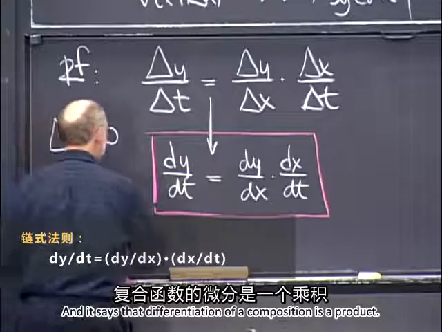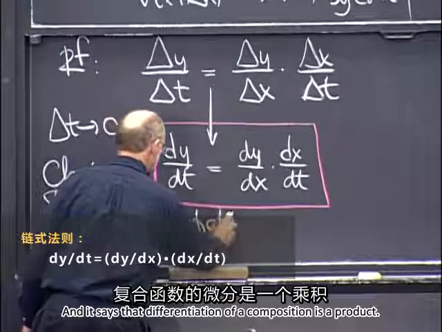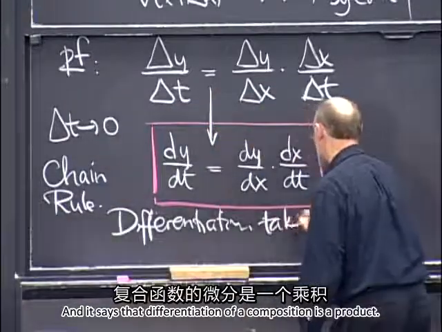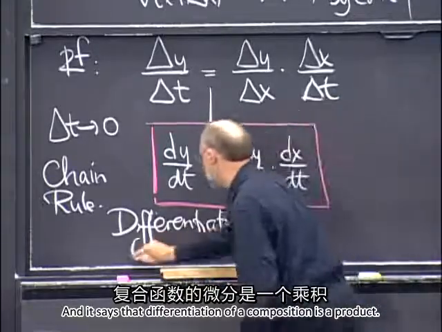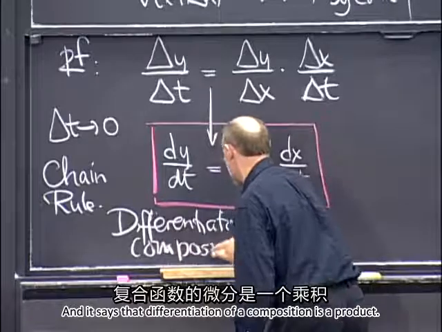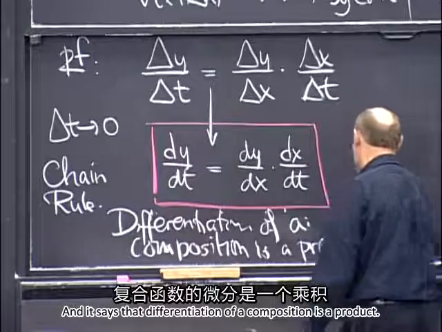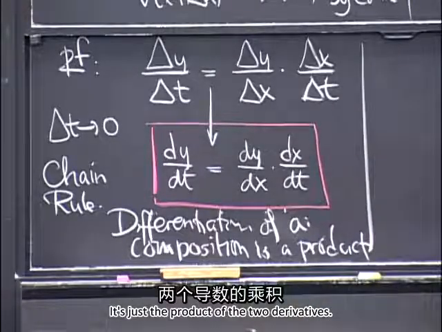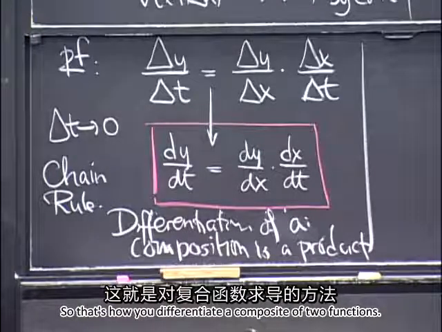And it says that differentiation of a composition is a product. It's just the product of the two derivatives. So that's how you differentiate a composite of two functions.